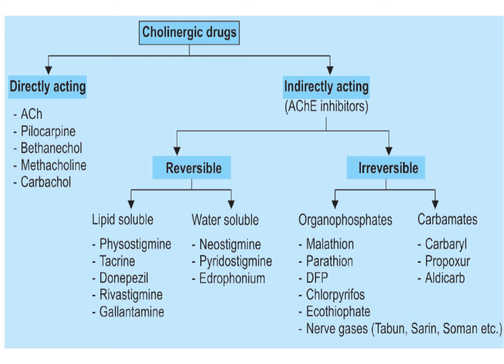The irreversibly inhibiting acetylcholinesterases are the organophosphates and carbamates. In organophosphates we have malathion, parathion, chlorpyrifos, ecothiophate, and the nerve gases like tabun, sarin, and soman. Whereas in carbamates we have the carbaryl, propoxur, and aldicarb.